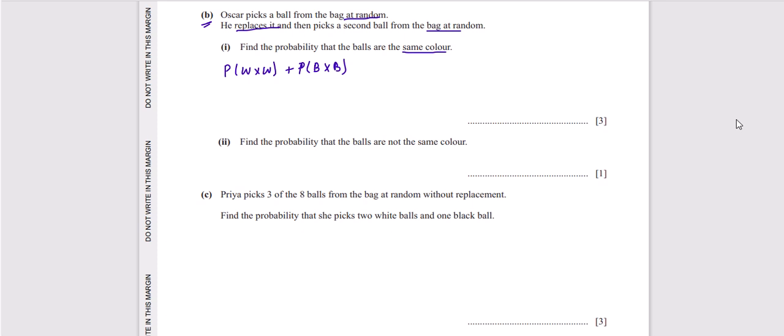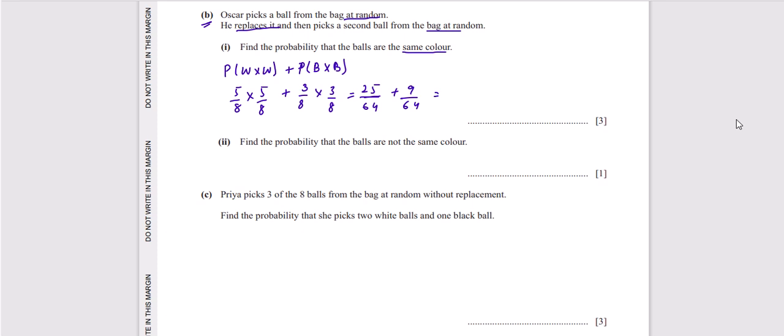So the probability of white is 5 over 8 multiply 5 over 8 plus the probability of black is, how many black ball is 3? 3 over 8 multiply 3 over 8. 5 multiply with 5, that is equal to 25 over 8 multiply 8, 64 plus 3 multiply with 3 is 9 and 8 multiply 8 is 64.